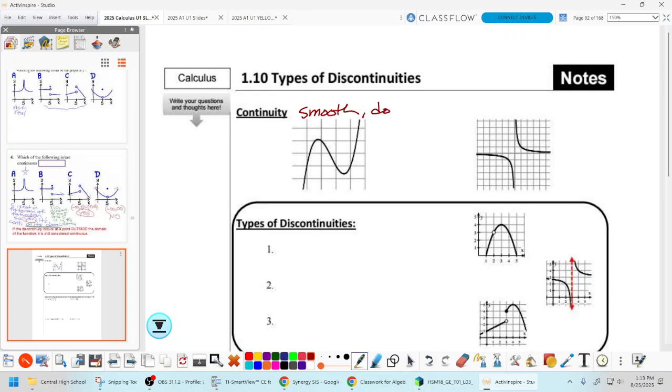But graphically, it's the same idea. Maybe say broken or missing piece or something. Even a hole counts as that, right? You have to like skip over it and draw the next section of the line.